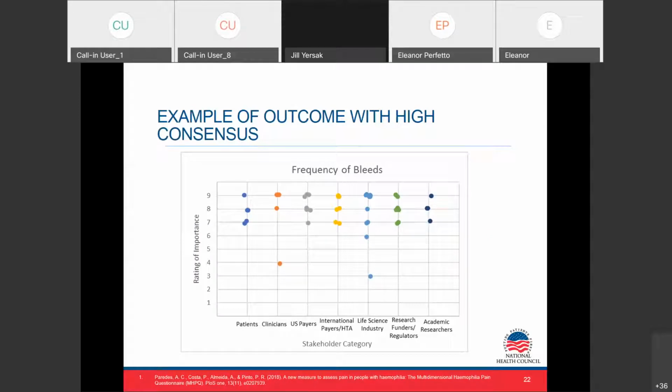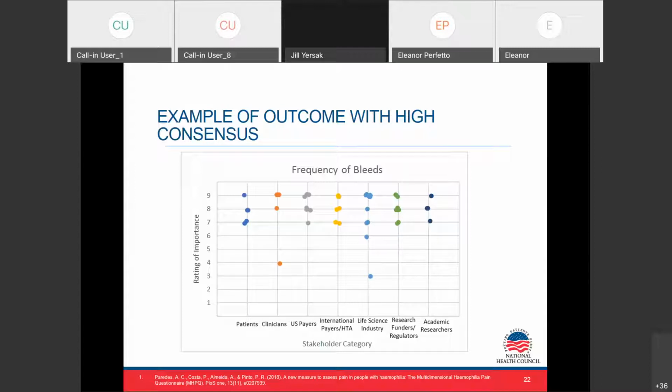And just to give you an example, what you're looking at here on this chart, we had a scale that you see on the left vertical axis of importance, where 1 was not important and 9 was critically important. An average of 7, 8, or 9 would sit through to the next round as important to be retained.